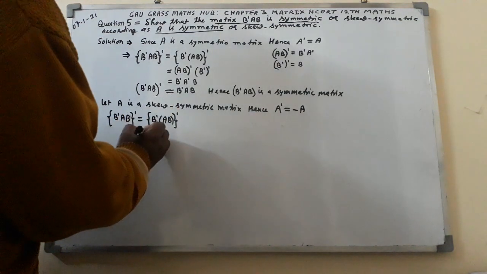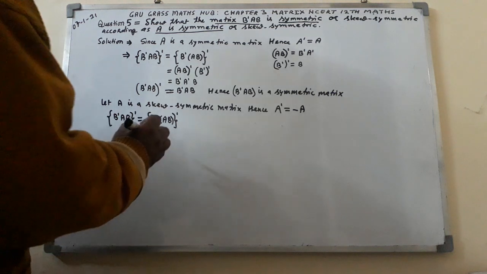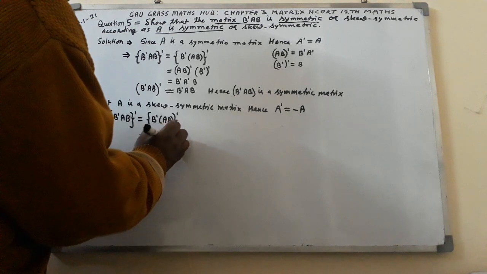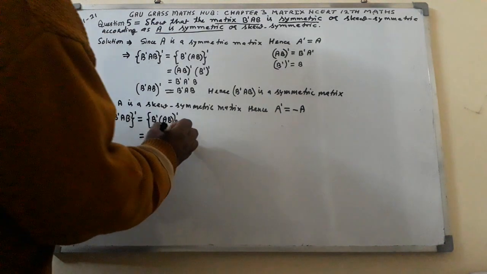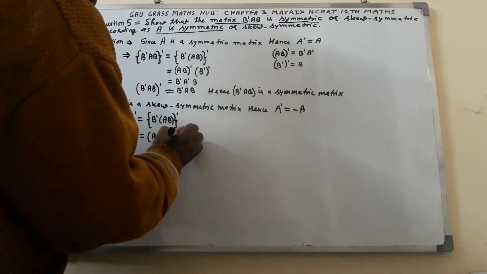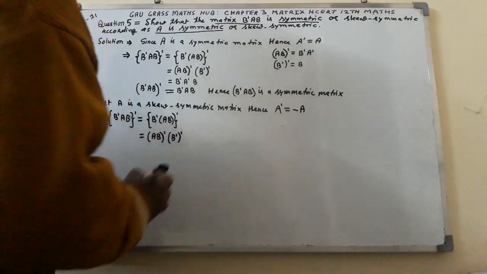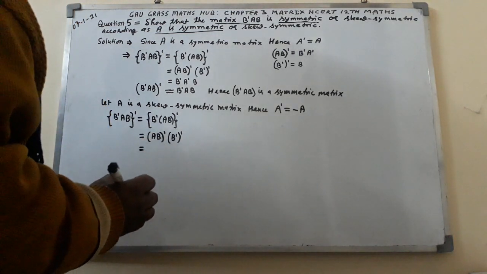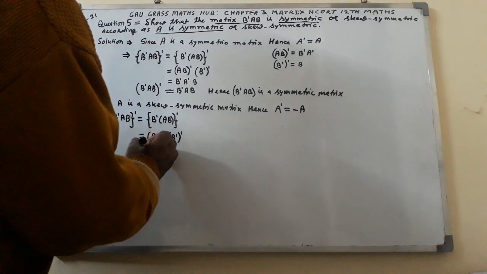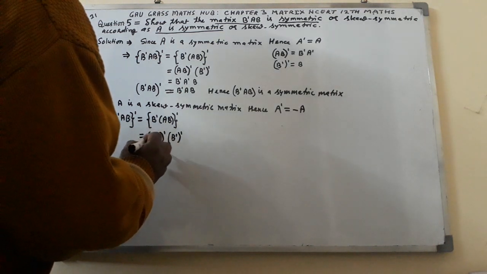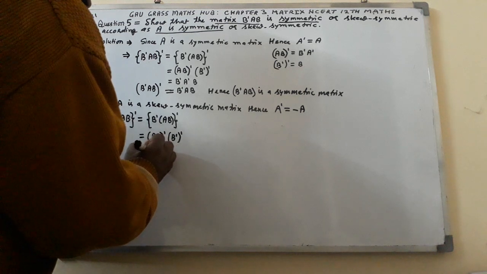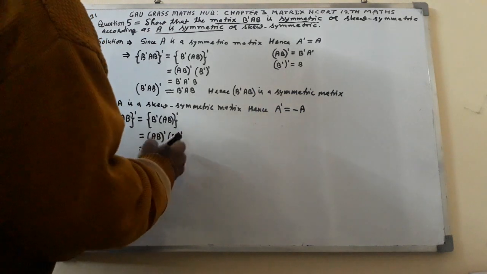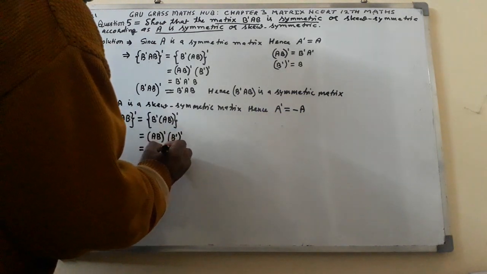Again I shall write, equal to the transpose of AB dot the transpose of B dash, equal to, the transpose of AB comes out to be B dash A dash, and the transpose of B dash comes out to be B.